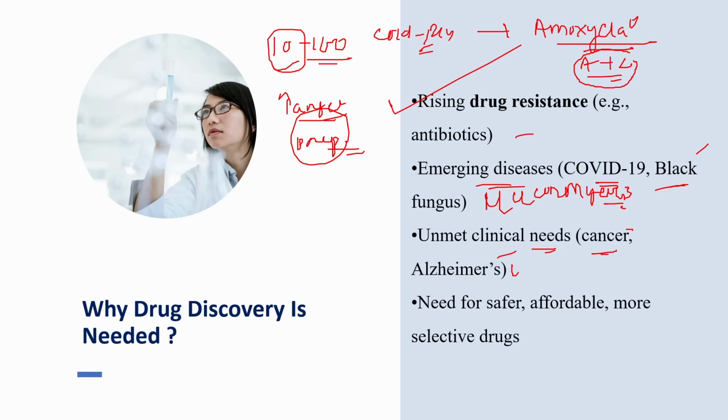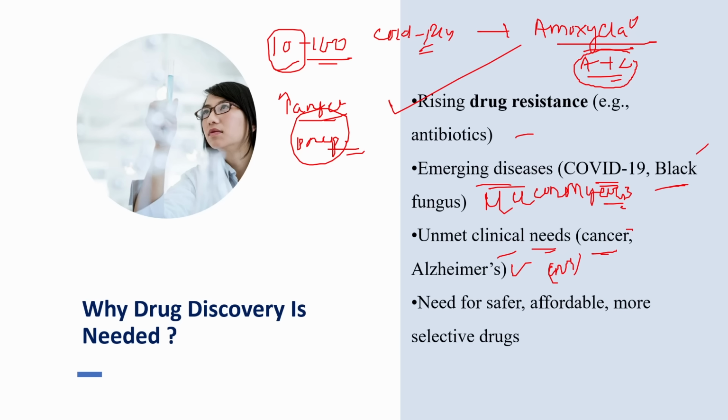Alzheimer's disease is a CNS related disease: slurred speech, trembling of the hand, being unable to move the feet. Alzheimer's patients forget what they were told, with loss of memory. So these are some of the diseases: CNS related diseases, cancer, COVID-19, black fungus.